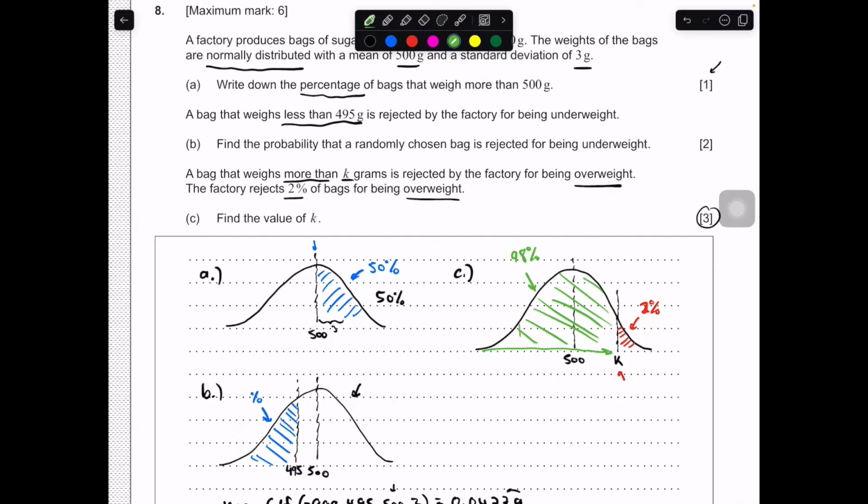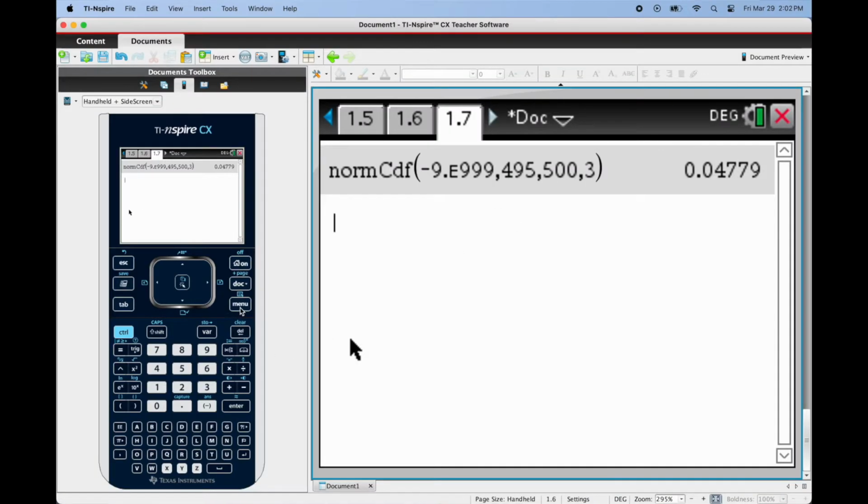If we chose 2%, it would just be this small area right here, which would give you a value that wouldn't be overweight, not greater than the mean. So we're asking the calculator to sweep through 98%.